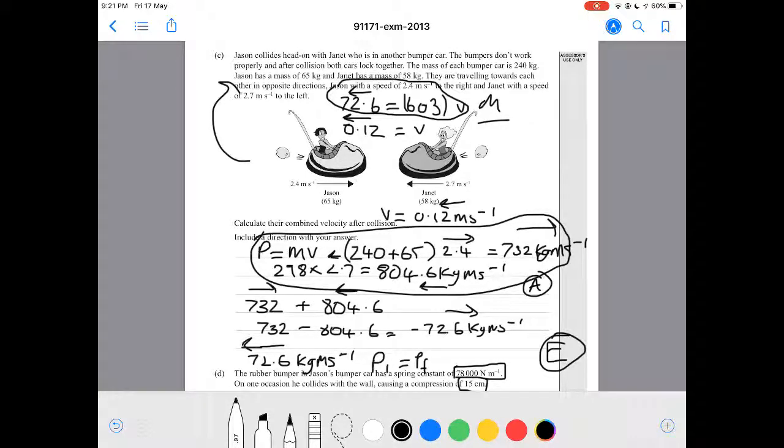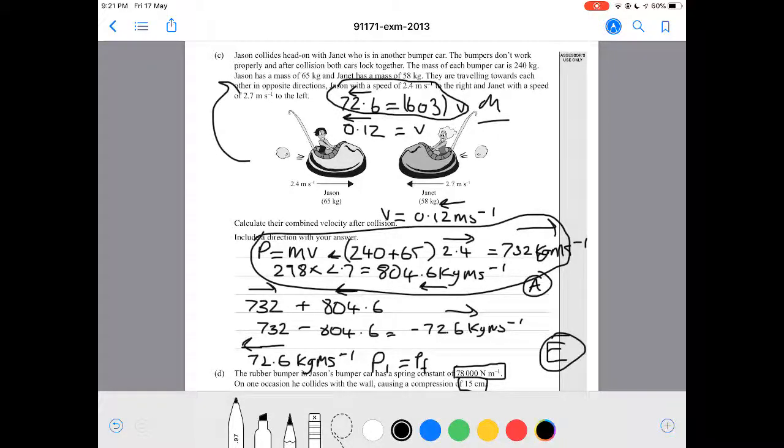But there could be a change in momentum on a single object in the system, okay? So the overall system experiences no change in momentum, but an object in the system during the collision could experience a change in momentum. So a possible question could be: Jason was initially traveling at 2.4 meters per second, and now after the collision, he's traveling at 0.12 meters per second in the opposite direction.